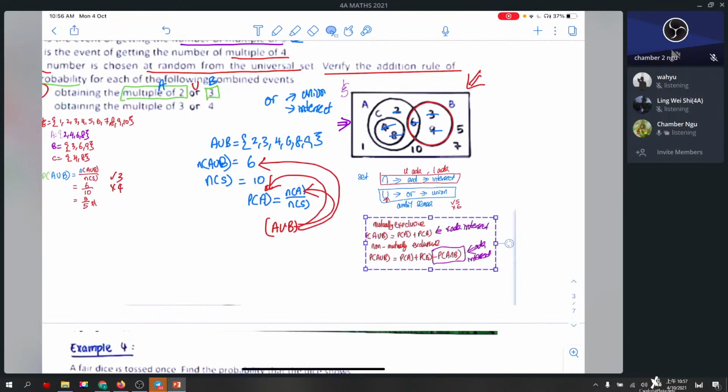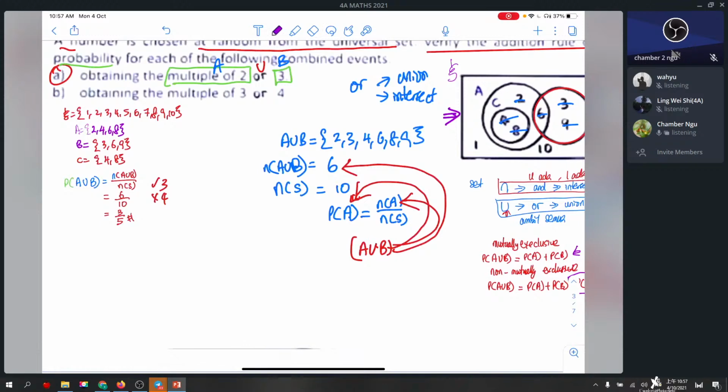So kita carilah. Okay. So in order to prove, kita cari A union B. Kita cari dulu A tambah B, tolak A intersect B. Okay, kalau tidak, kita tengok mata kita lah.